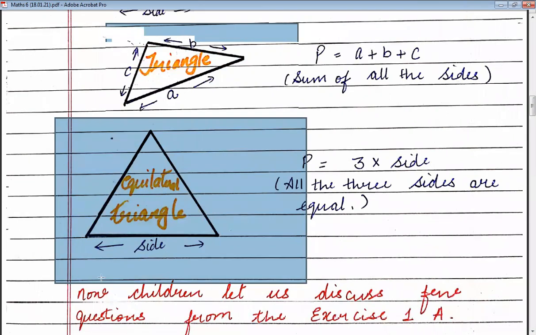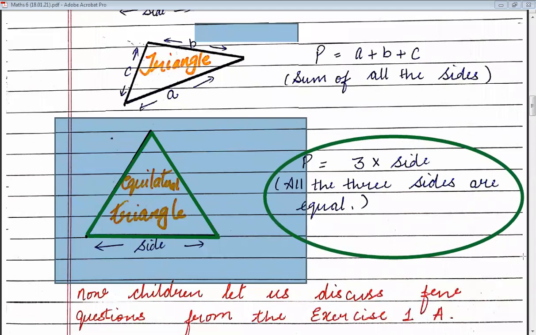Yes, in equilateral triangle, all the three sides are equal. So, what is the perimeter of an equilateral triangle? That is just simple. It's 3 multiplied by its side. Because there are 3 equal sides, so you just have to multiply the given side with 3.